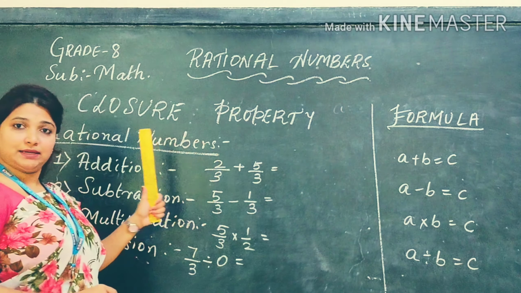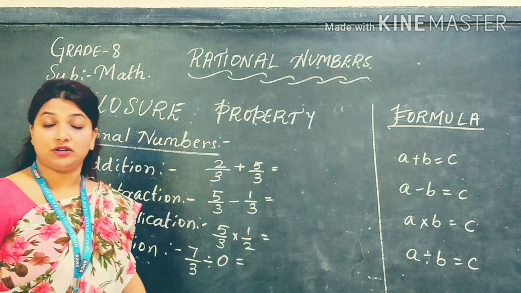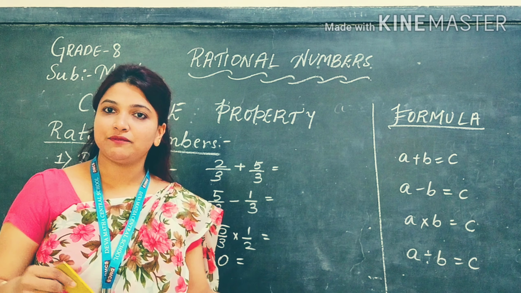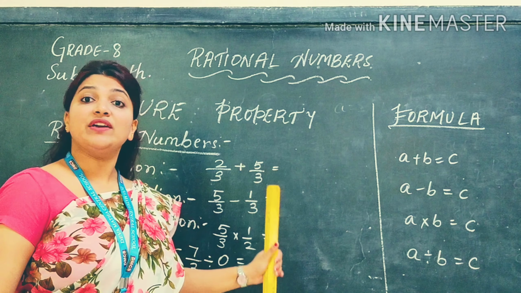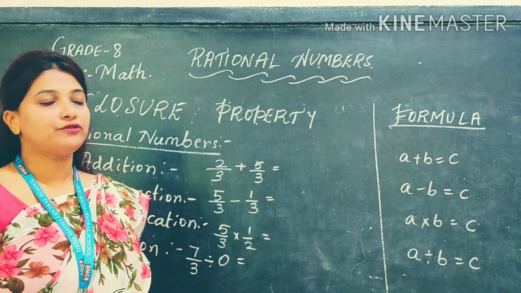Now in this section, I will be completely dealing with rational numbers. In the initial session, we dealt with integers, right? Now, in this session, we are dealing with rational numbers. Alright.